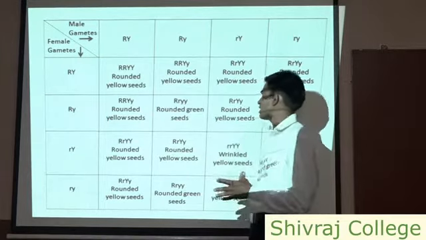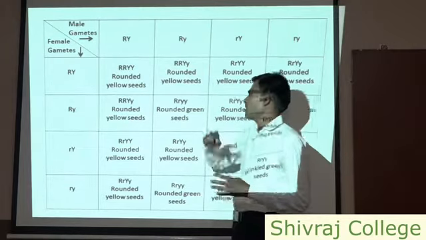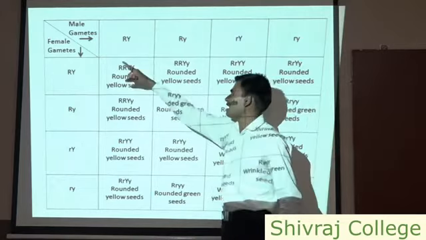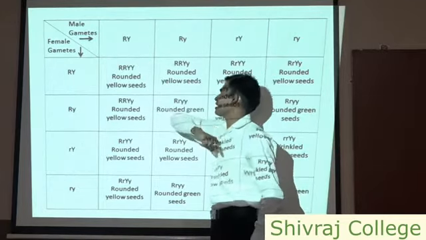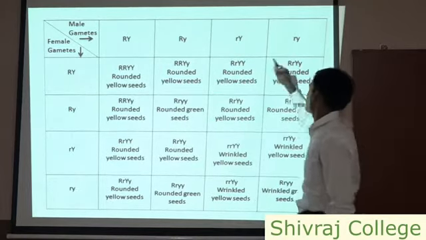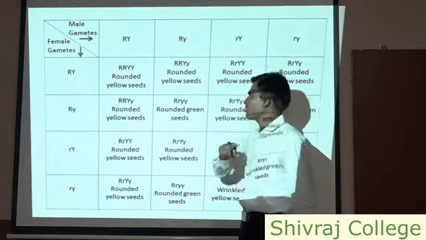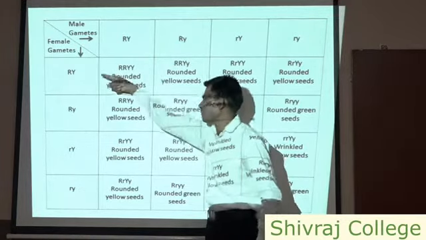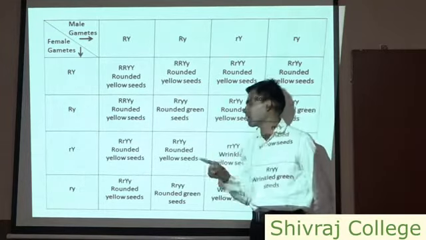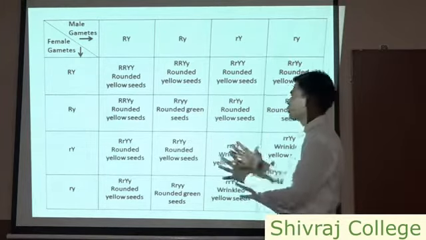Here one parent, the male parent, produces the male gametes: capital R capital Y, capital R small y, small r capital Y, small r small y. The female parent produces the same female gametes. So four different types of gametes fuse together.